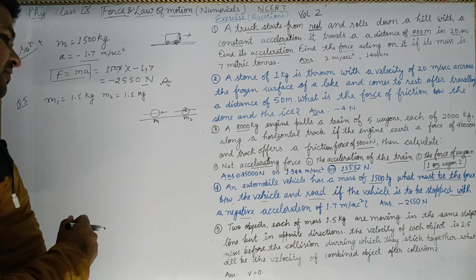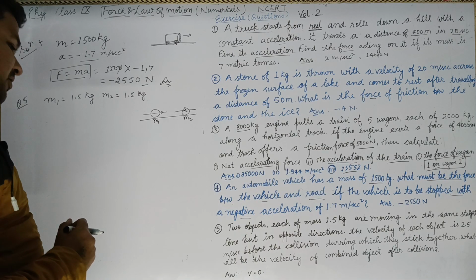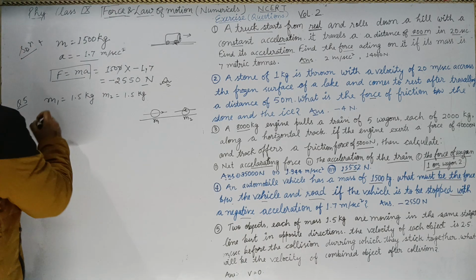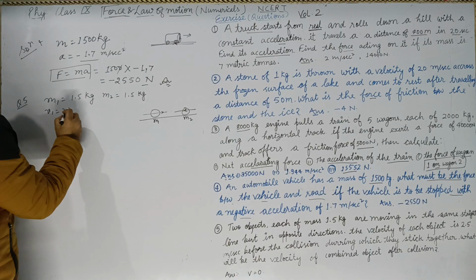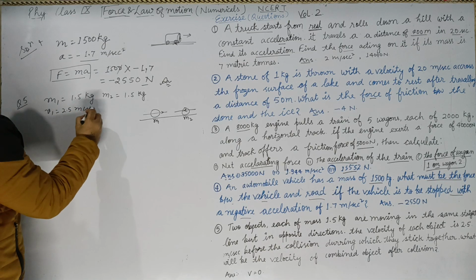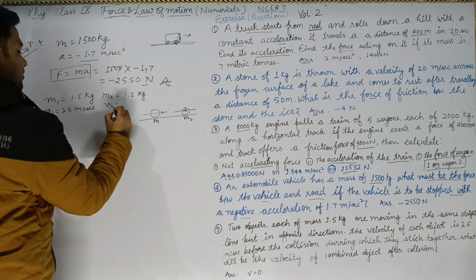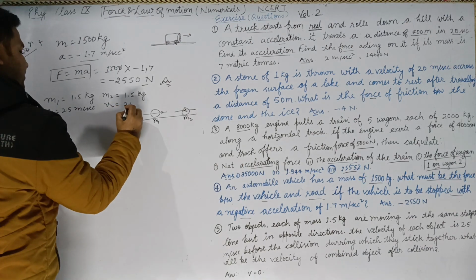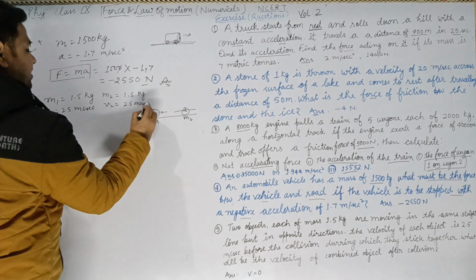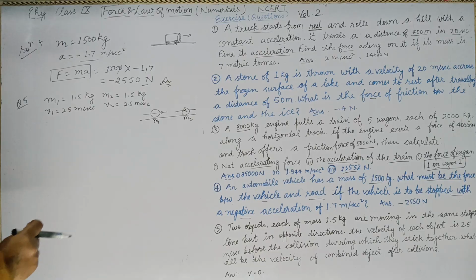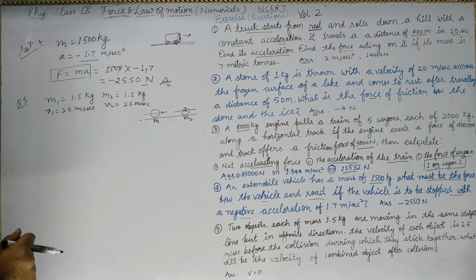The velocity of each object is 2.5 meter per second. V1 is equal to 2.5 meter per second and V2 is also 2.5 meter per second. The velocity is the same for each object.